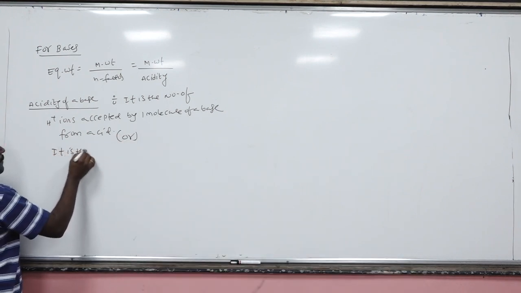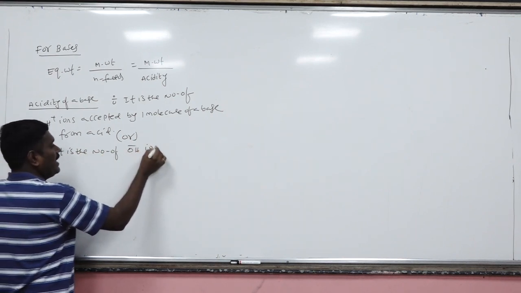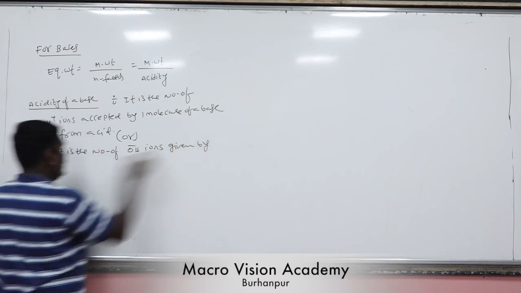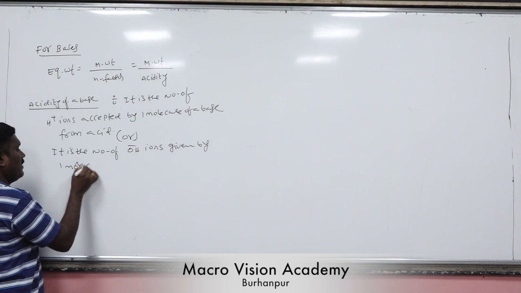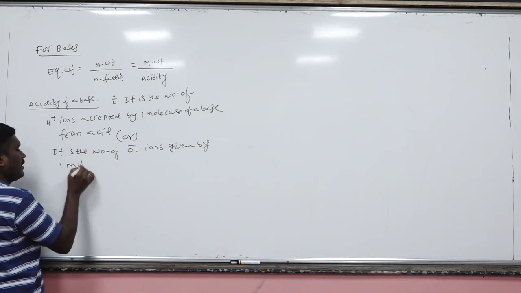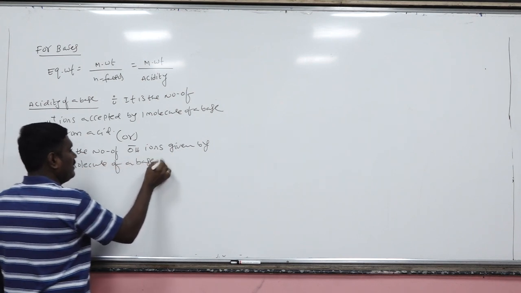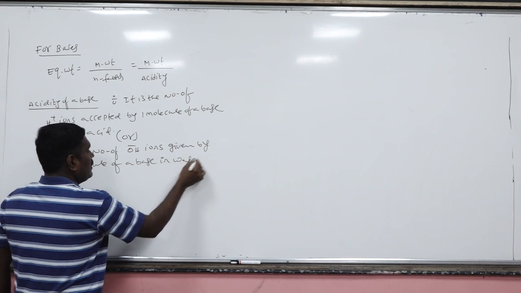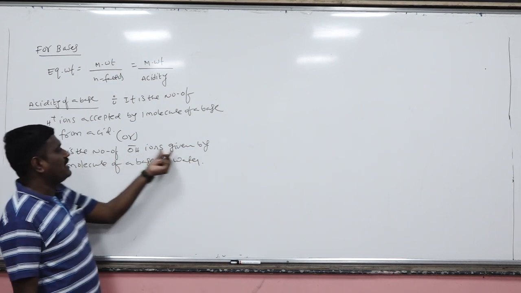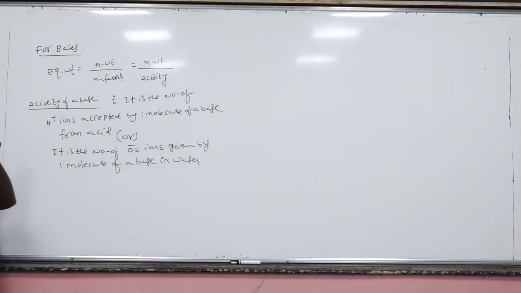Otherwise, it is the number of OH minus ions given by one molecule of a base in water. In water, how many OH minus ions are produced by one molecule of a base is also referred to as acidity.